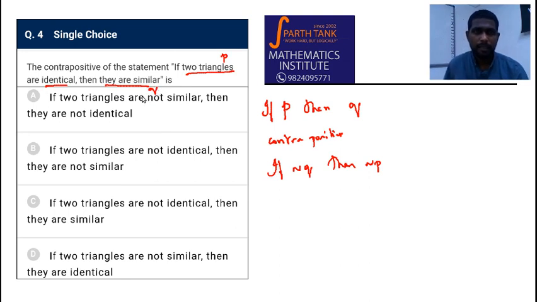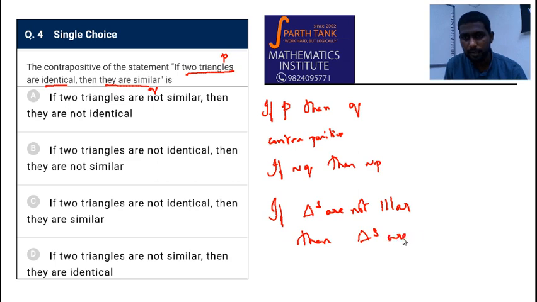So the contrapositive is, if triangles are not similar, then they are not identical. This is option A. So the answer to this is option A. Simple. If P then Q, the contrapositive is if not Q then not P.